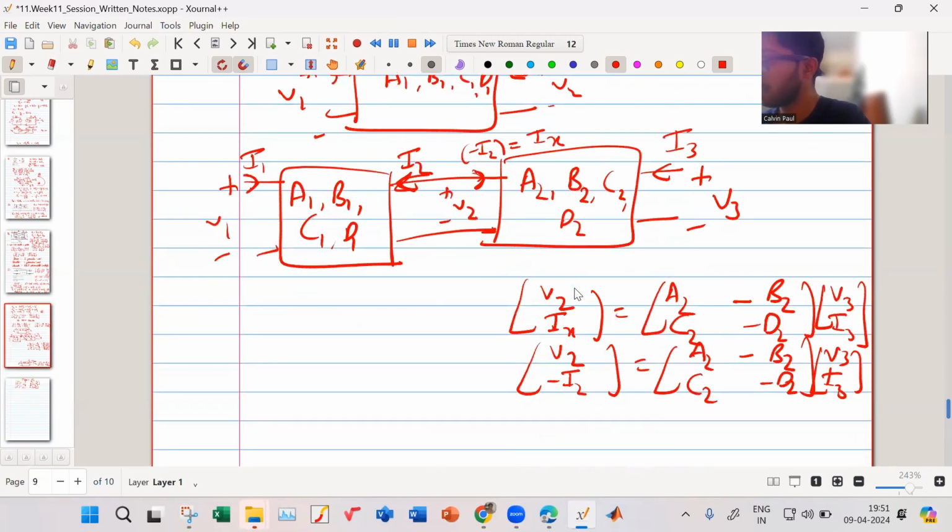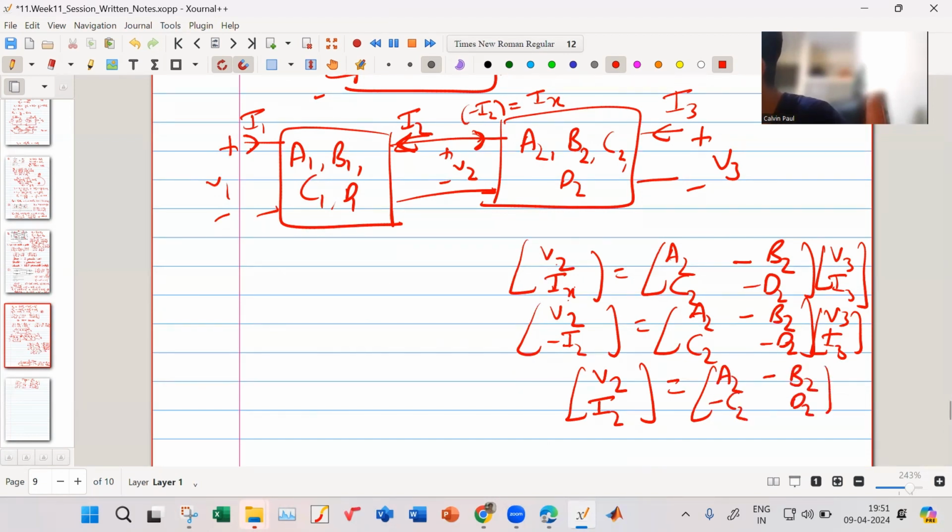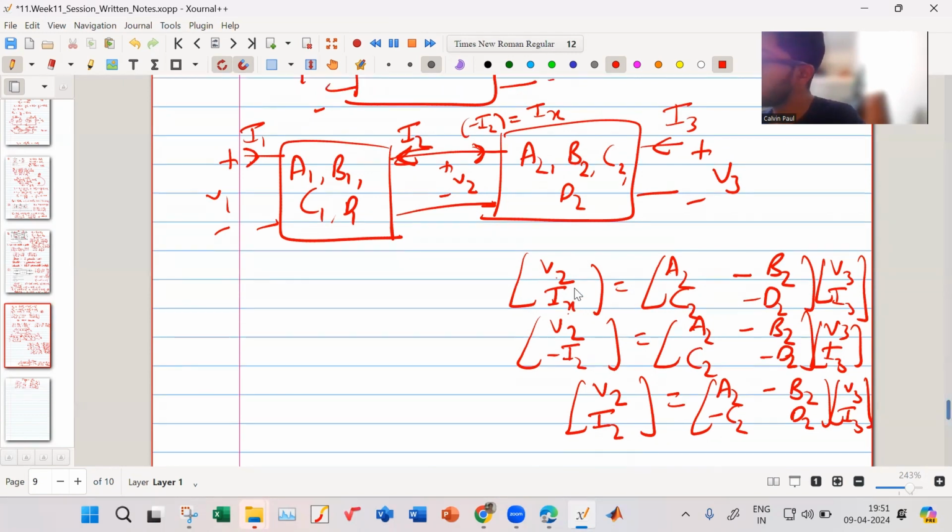So this is for one network. I've got V2 and IX in terms of this. So V2, minus I2 is in terms of this. So I can write V2, I2 is equal to [A2, minus B2; minus C2, D2] times V3, I3. I just take the minus sign and multiply it over here. So now I will use the relation.